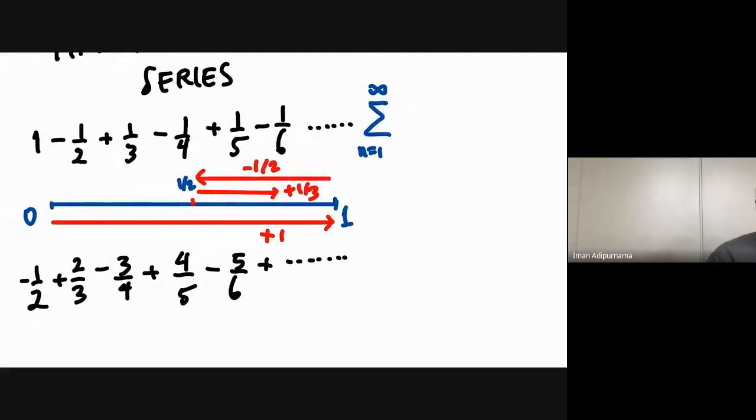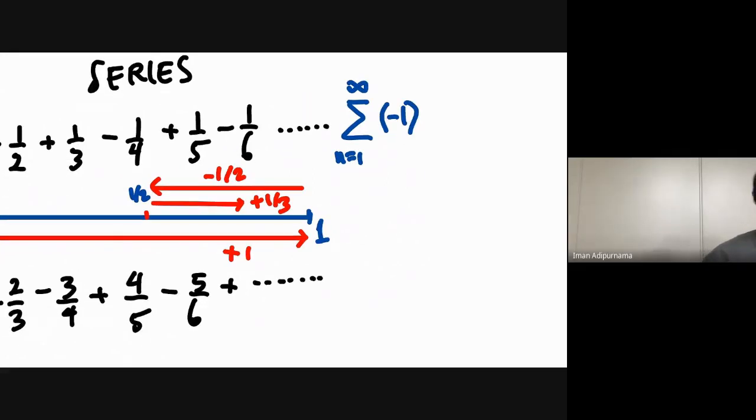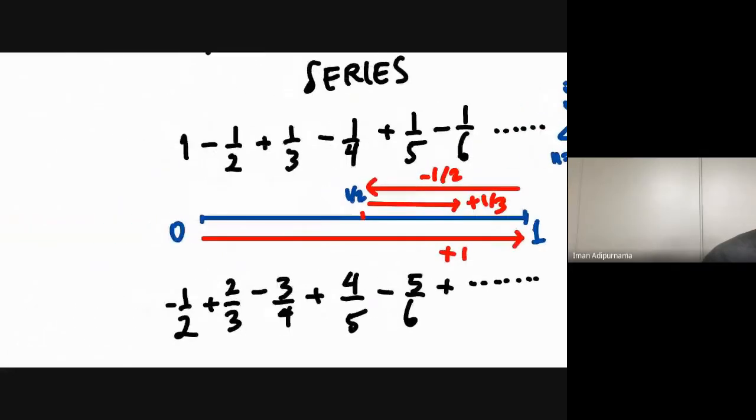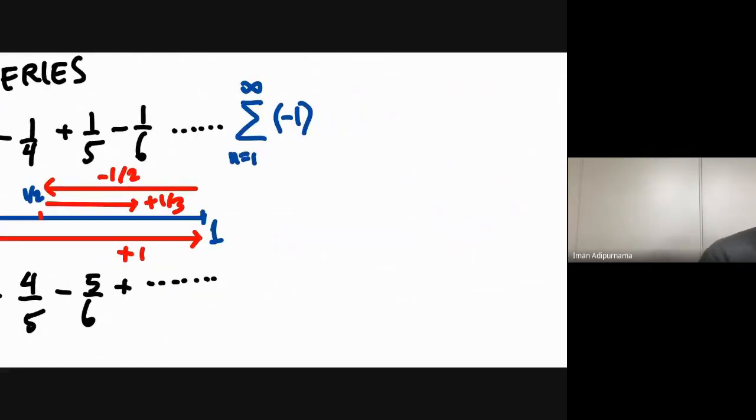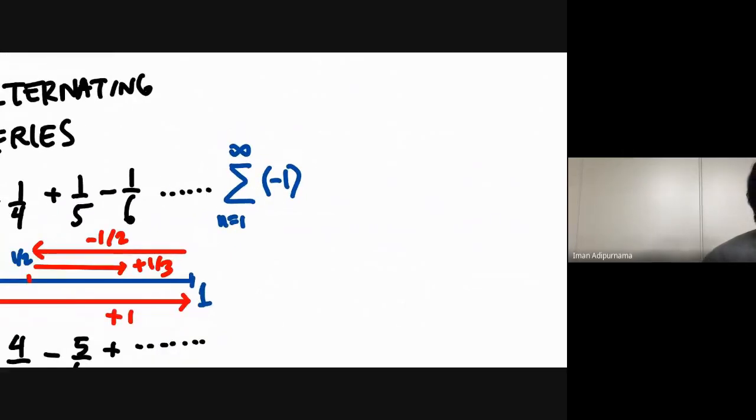Every time you have an alternating series, you can factorize this -1 first, and depending on which term is positive or negative in the first part, we can determine how the alternating factor will appear in the formula. From the first one, I believe it will be (-1)^(n-1) times 1 over n.